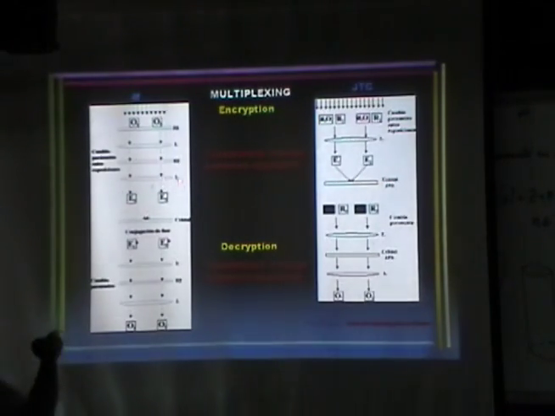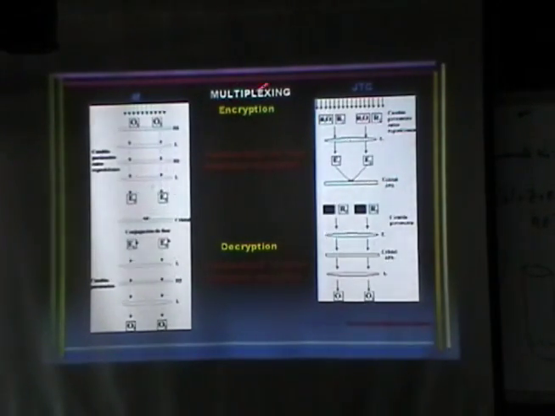So, what is multiplexing? You have an input, first lens, key mask, second lens, encrypted image. Second input, if you do the same, you get superposed with the first spectral pattern, the second one. In order to distinguish here, you must change some parameter of your system.